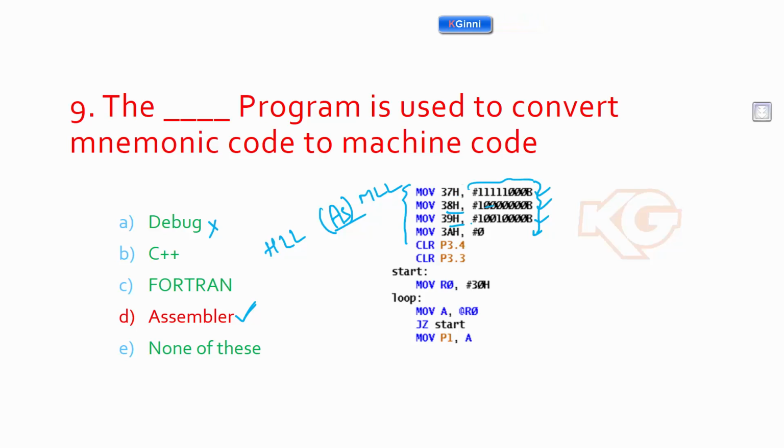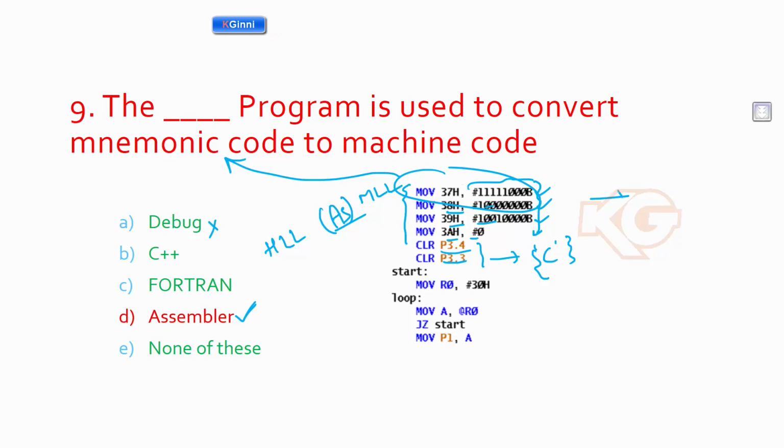So it's pretty tough to remember all these addresses and other stuff. The same if you see a programming in C language, it will be much easier. So here the mnemonic code to a machine code, these are all mnemonic codes, and this will in turn be connected to a machine code like ones and zeros. I hope you got now what is mnemonic codes that will be converted to a machine code. So the option should be D.